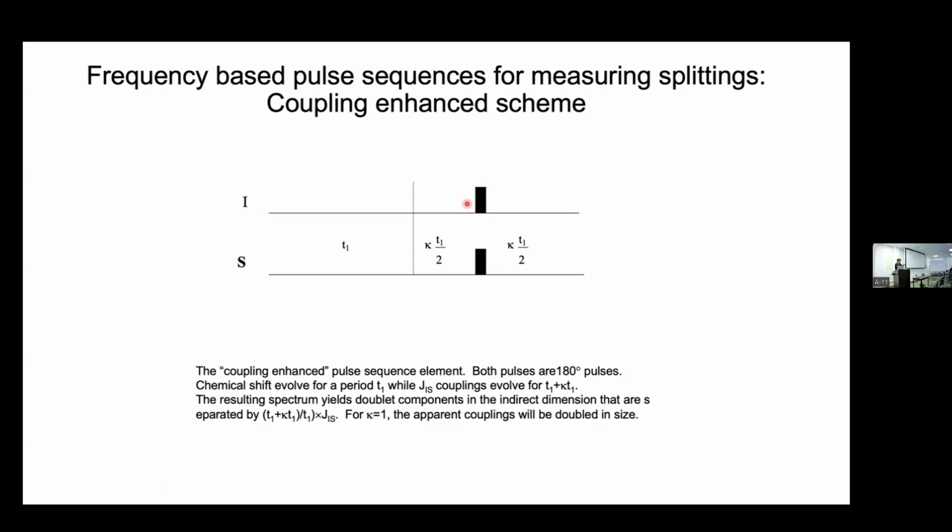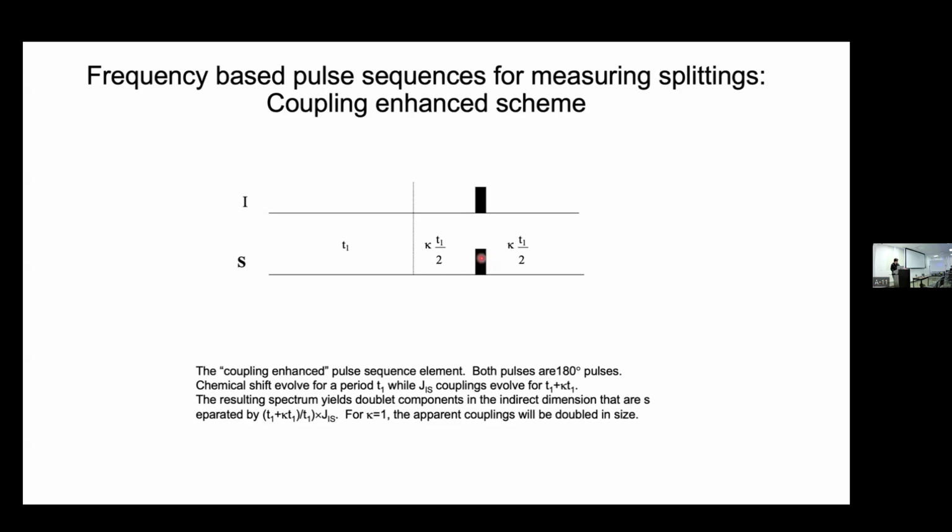And that will refocus. If you do plus for the carbonyl evolution, it evolves plus T1 minus T1, right? Now it'd be more complicated if kappa was not 1. You wanted to put it in the middle of the evolution, but then there's a 180 here. So you have to worry about that, right? Because that's going to then refocus the coupling again.